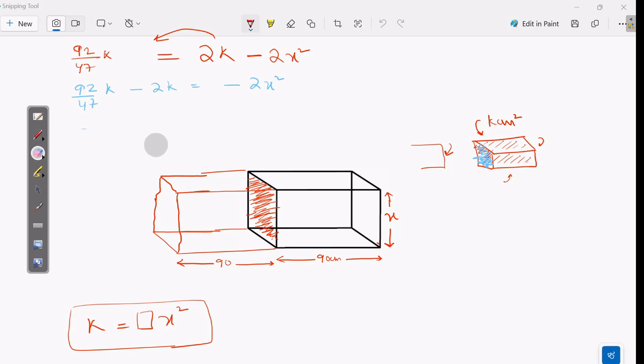Oh, you want me to take out k? You can take out k, okay, so we'll get 92 over 47 minus 2. Now simplify these, 92 over 47 minus 2, then you'll get a negative value.